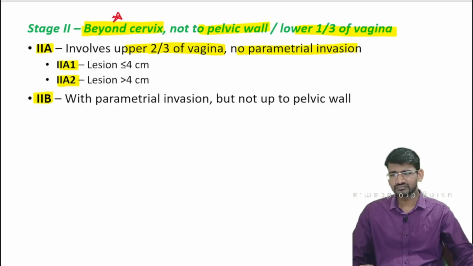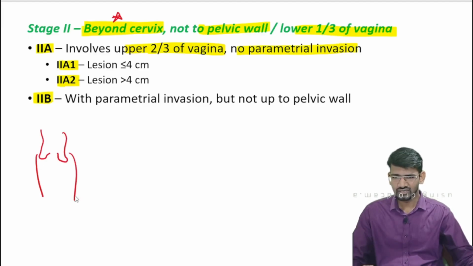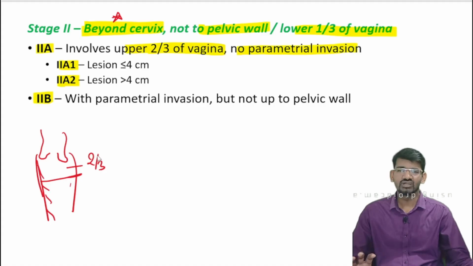See here, if you consider the cervix, this is the vagina. The upper two-third of the vagina is involved in the cancer, or the tumor has extended up to the upper two-third.